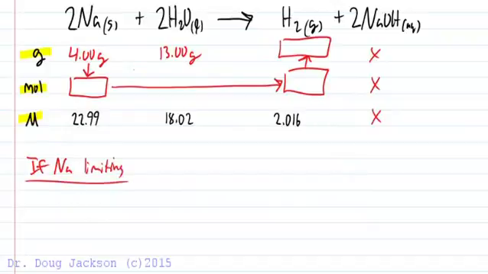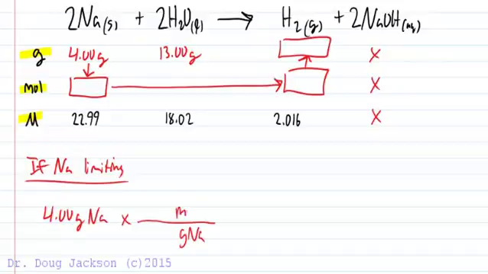Okay, and so we say, what's the given? Well, it's 4 grams of sodium metal. We want to get rid of sodium metal. Let's try to draw a straight line. So we cancel it out on the bottom. We want to go to moles of sodium metal. Grams to mole is the molar mass, so 22.99 grams per 1 mole.